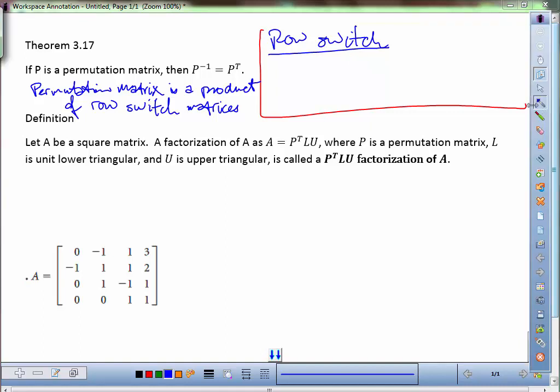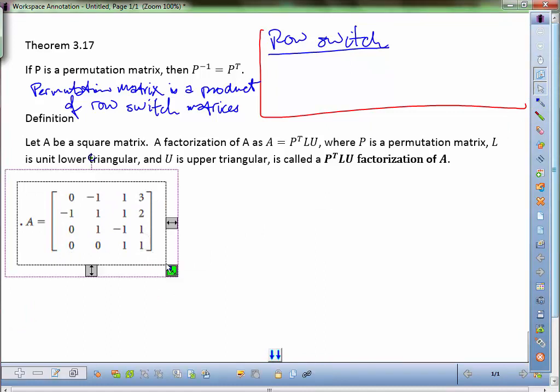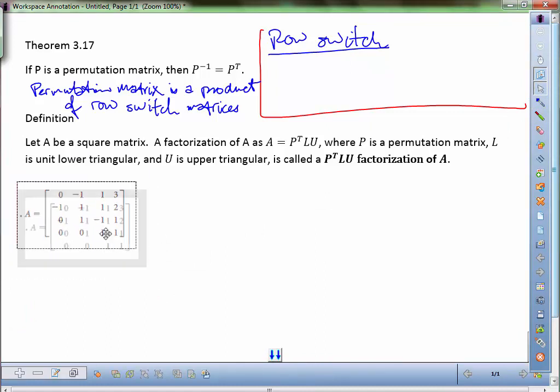So let's do an example first, and then we'll see if we can follow through with the rest of this business.